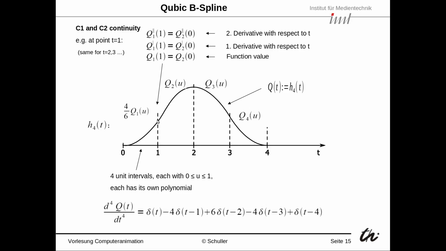And since we have 4 unit intervals, that means we have now 4 polynomials, Q1, Q2, Q3, and Q4. And if you want to have C1 and C2 continuity, we have to make sure that the first derivative and the second derivative at the boundaries is continuous.